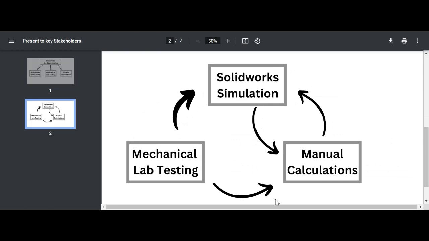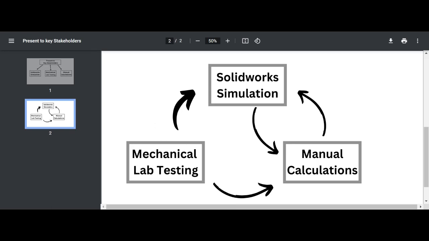So I wanted to break this down even further about how these three validation methods relate to each other. These arrows are arranged in a very particular way. Your mechanical lab testing should be the source of truth. This is going to be your main best way of testing and validating your hypotheses and failure modes, etc. for a part in question.